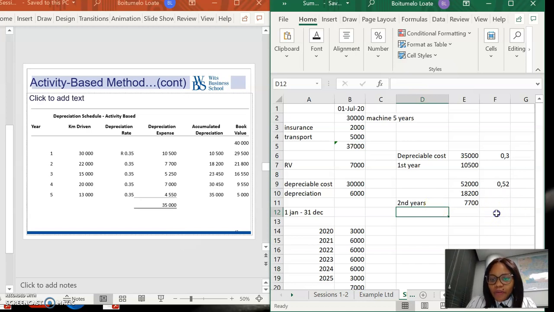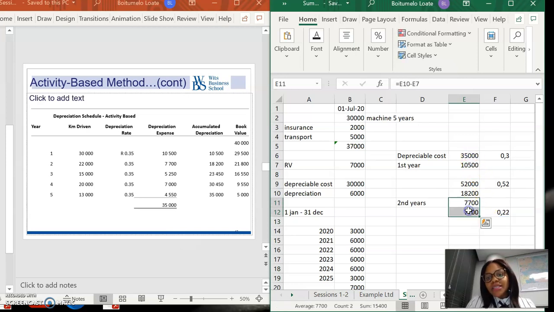Or another easy way of doing it is to still take that same 22,000 divided by the 100,000, and then multiply that by the same depreciable cost of 35,000. You'll also get to the same answer of 7,700.